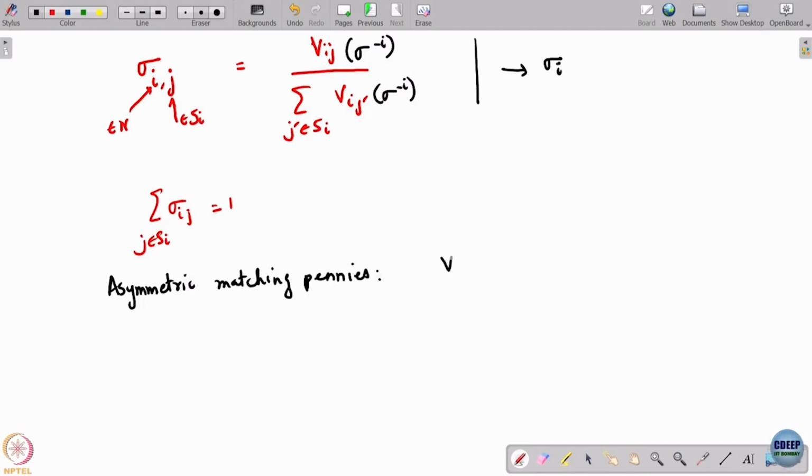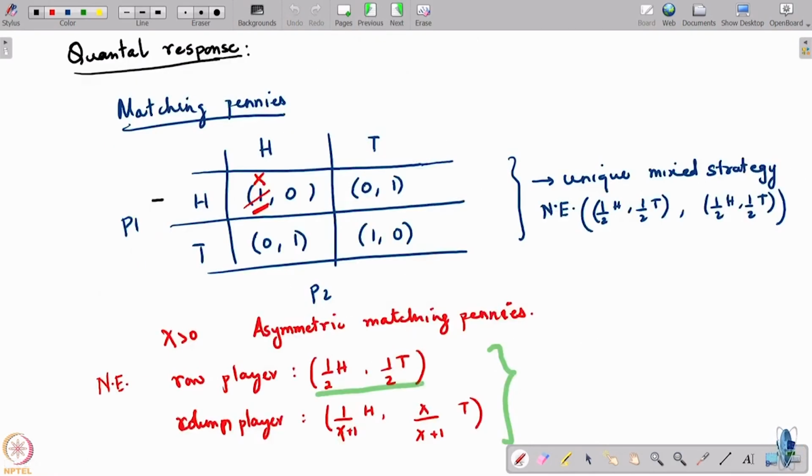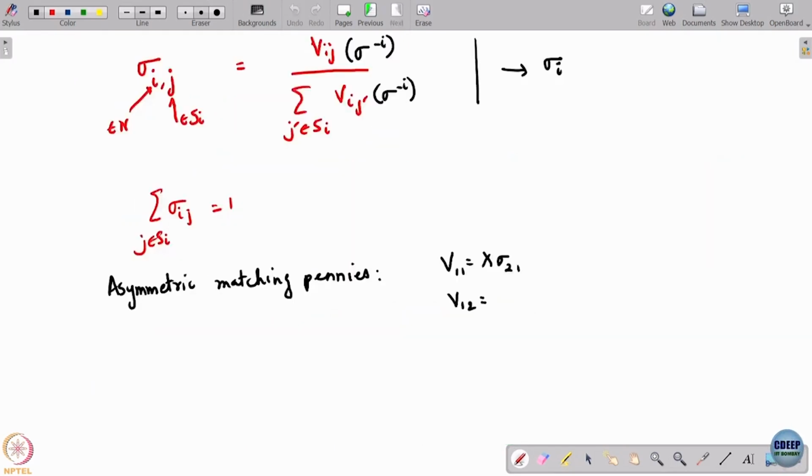What happens is you can see V11 is equal to x times sigma 21. Here 1 is heads and 2 is tails.